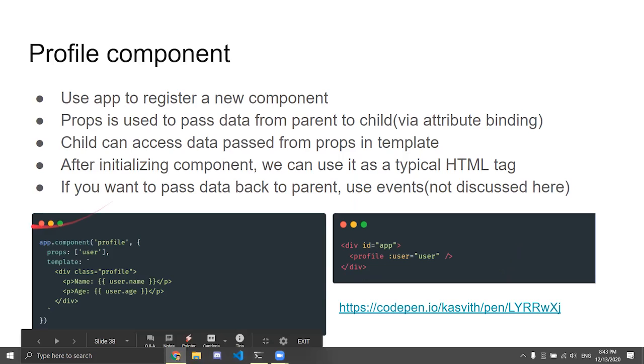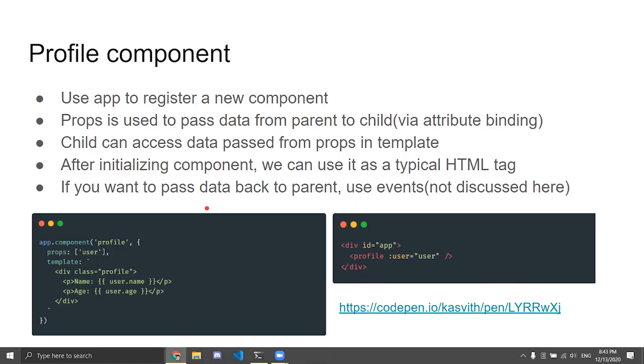So this is a one-way flow. So the profile can actually access the data passed from the parent and display users. So this is read-only. You can't change these passed properties.